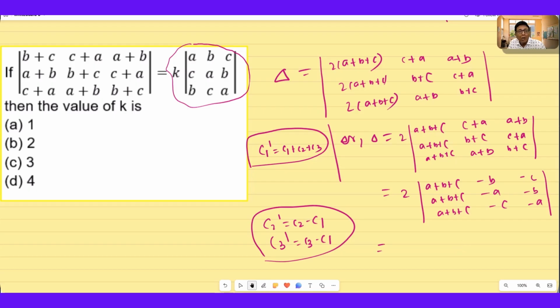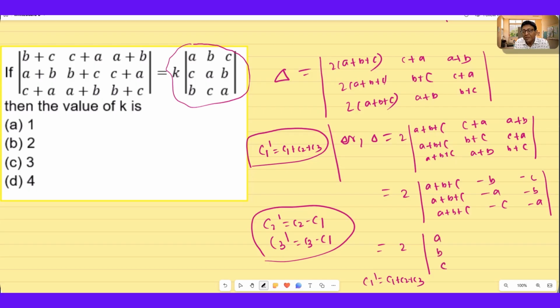Now I can get it quickly if I add elements of these two columns here and then take minus common. What I told? See, minus B minus C, if it is added, I will be getting A over there. Minus A minus B added, I will be getting C over there. I will be getting B over there. So do that. Use C1 dash equal to C1 plus C2 plus C3.